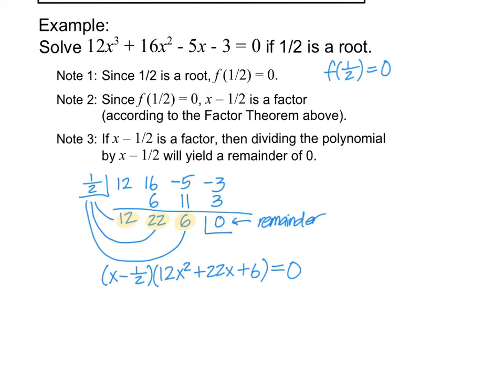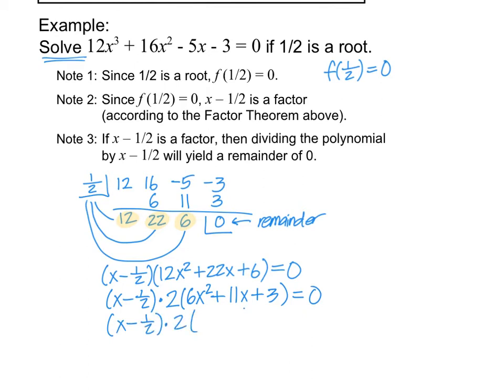All right, so now this problem says to solve. So we're not done yet. We have to finish solving. So let's factor out a 2, and then we get 6x squared plus 11x plus 3. And then our hope is that this will factor. So let's see if it factors.